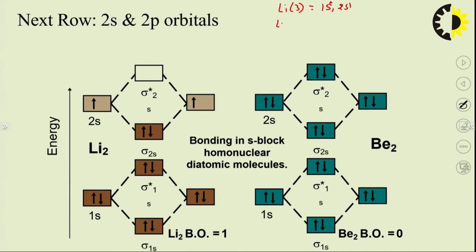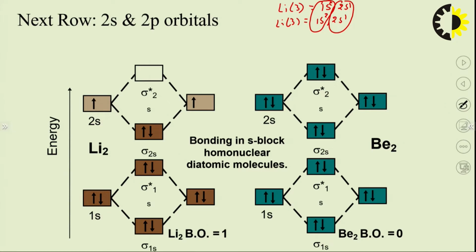And for another lithium, it can be written as 1s2, 2s1, and in its molecular orbital configuration, these two energy levels will overlap and form one bonding and one anti-bonding. These two energy levels will overlap and form one anti-bonding and one bonding, okay.